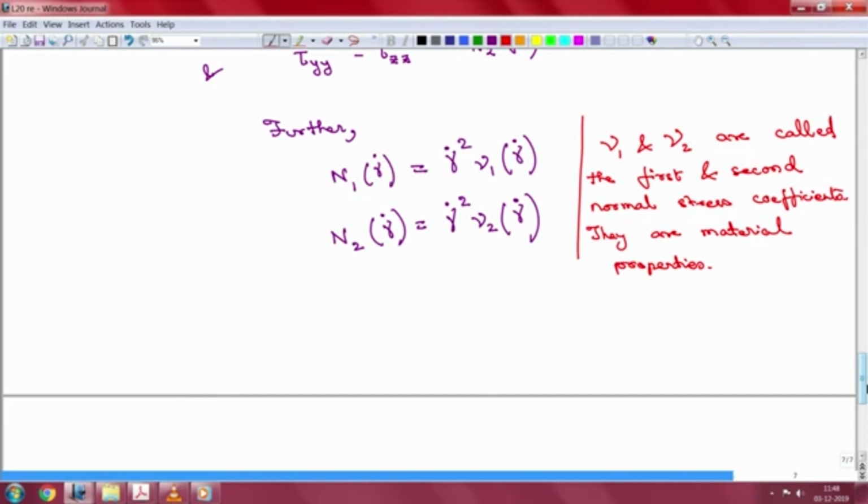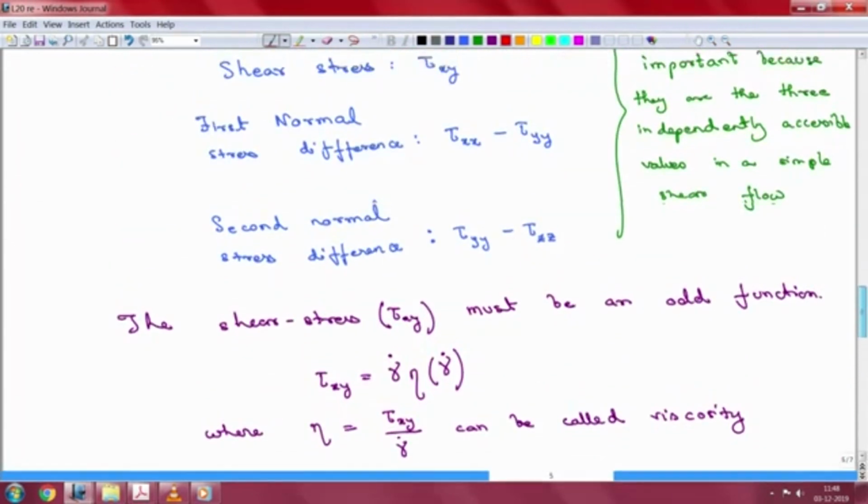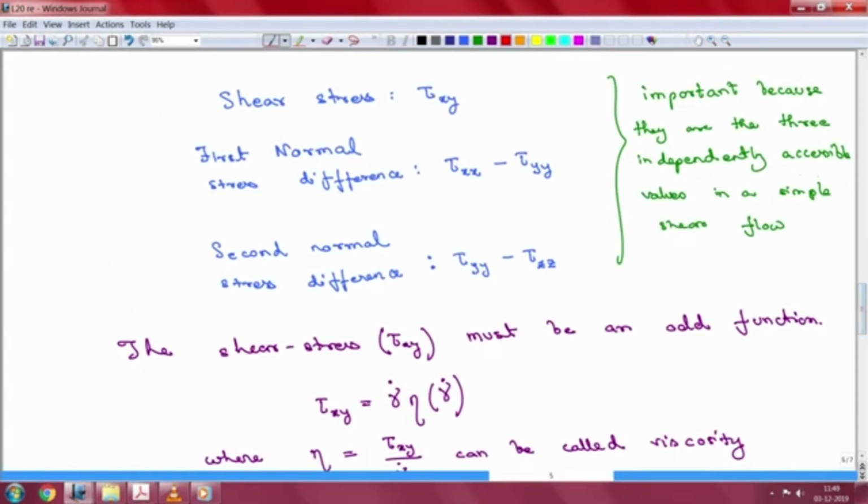Since they are important material properties, you can use experimental observations to quantify the fluid. N1 and N2, as we discussed earlier, are independently accessible, so these are quantities that you can measure experimentally.